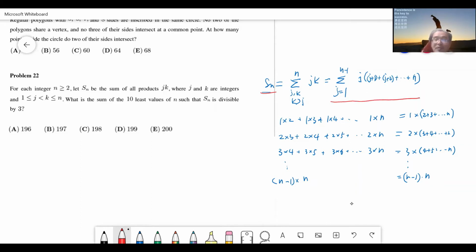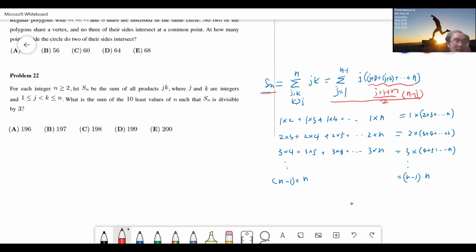So this one we can simplify a little bit. This is actually an arithmetic sequence. So this part can be written as j plus 1 plus n divided by 2, the average, times the number of numbers, which is n minus j. Okay, so I'm going to substitute here.